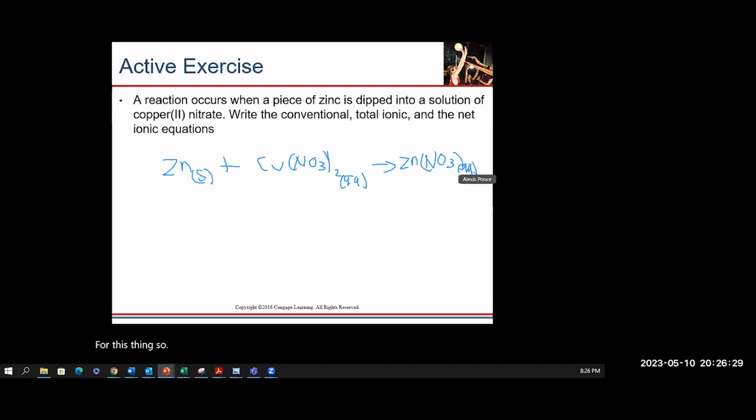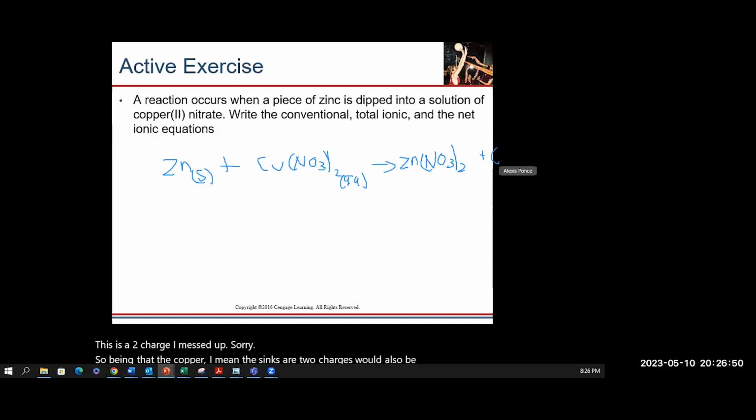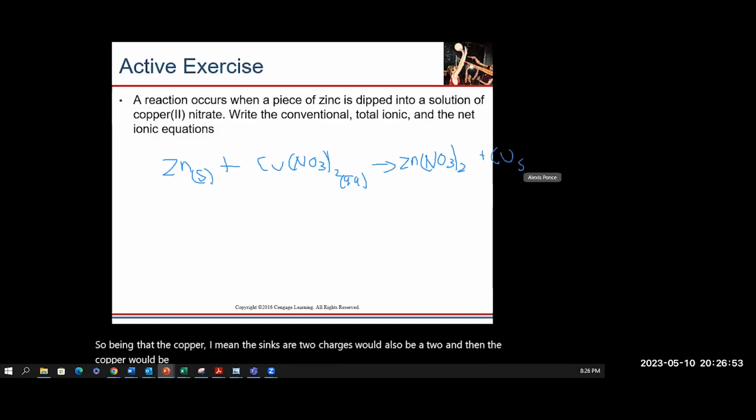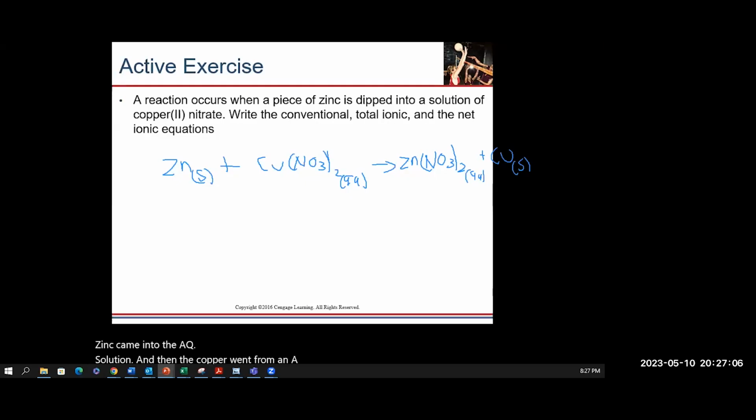So being that the zinc is a 2 charge, this would also be a 2, and then the copper would be alone as a solid. The change that occurred here was the zinc came into the aq solution, and the copper went from aq to a solid and a precipitate.